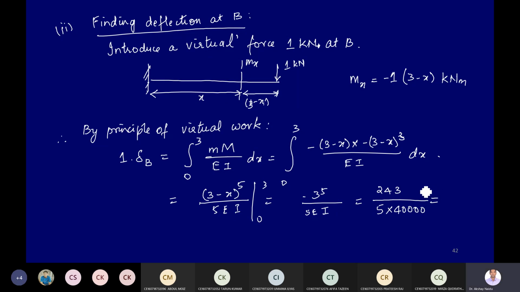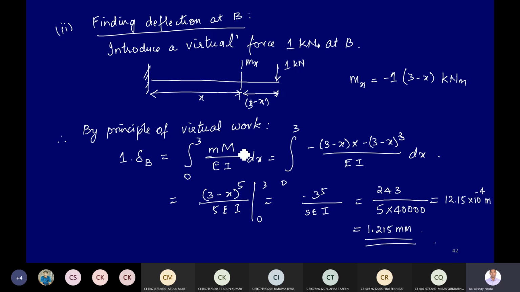This calculation will be 243 divided by 5 fours 20. 12.15 into 10 to the power minus 4 meter. In mm, it will become 1.215 mm. So this is the answer.